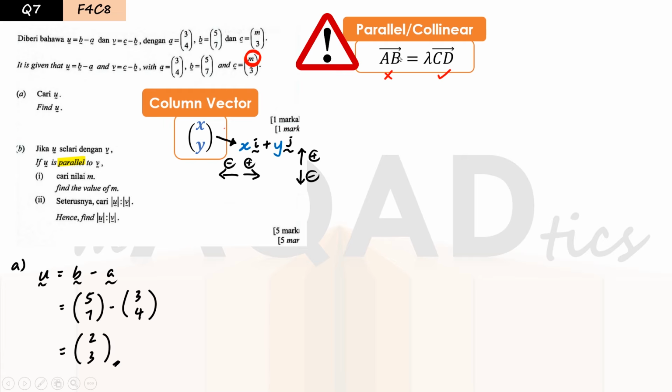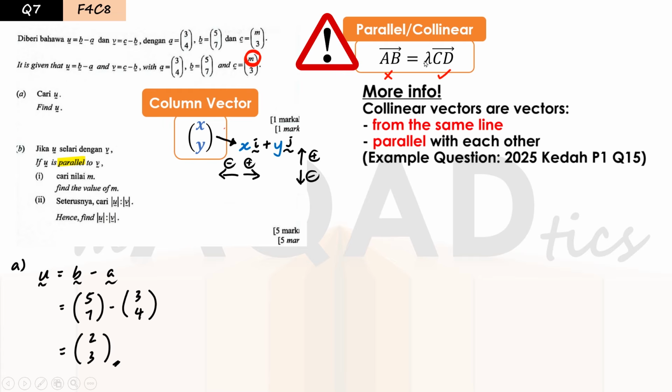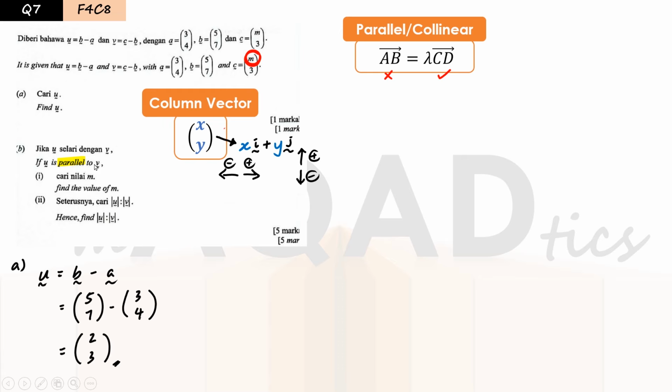The value here is called lambda, and it's just a value. So going back to here, it says u is parallel to v. For the vector u here, I'm going to put it into vector AB, and we remain with the lambda here. And for the vector v, I'm going to put it into vector CD.